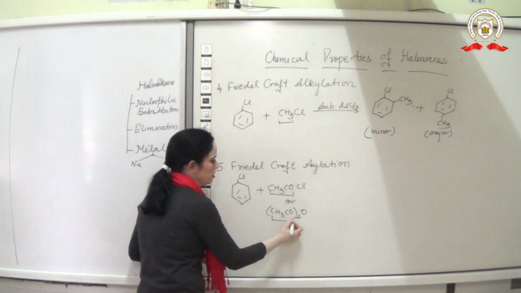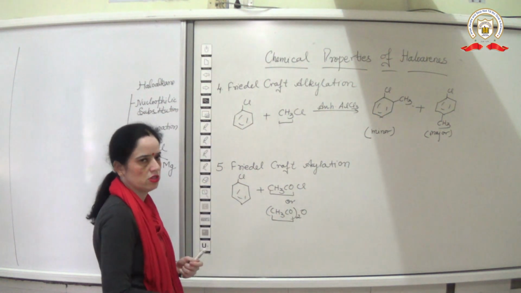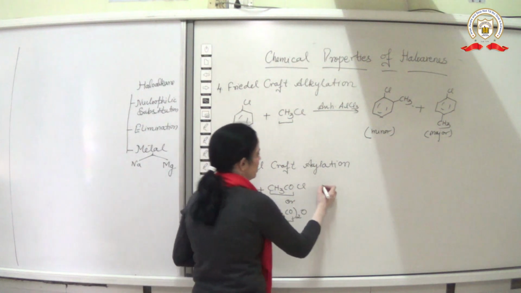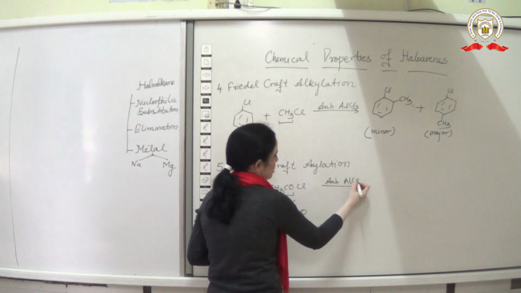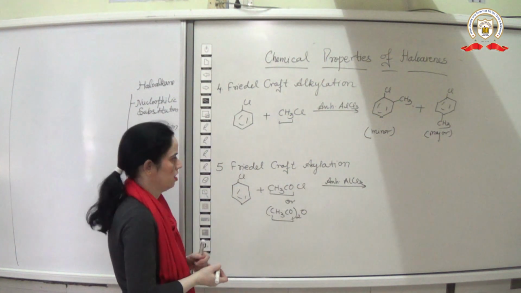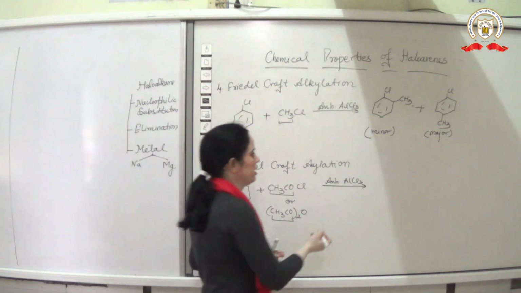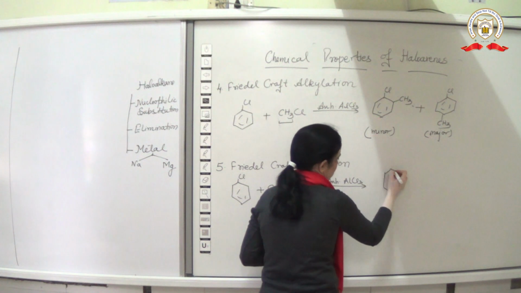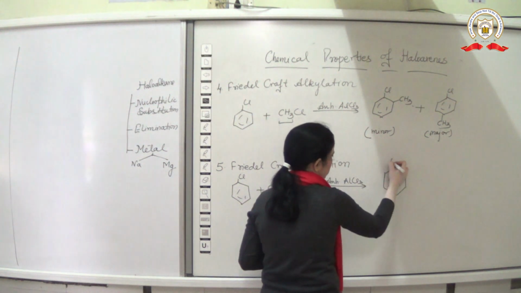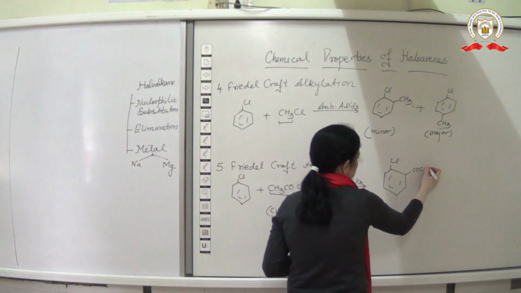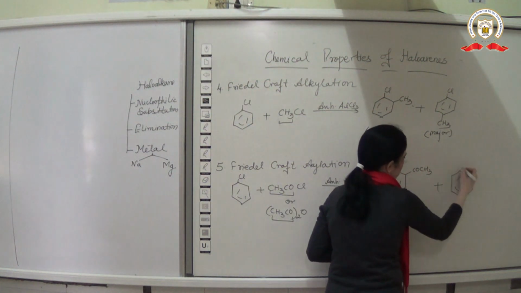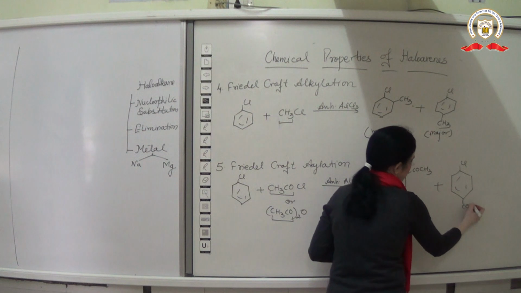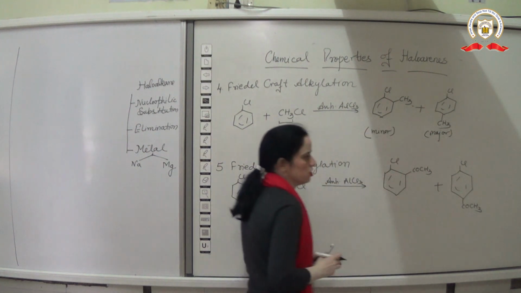We are dealing with the acyl part, so any group which is going to give us acyl. The reaction takes place in the presence of anhydrous AlCl3. The two products we get have the acyl group at the ortho position and at the para position.